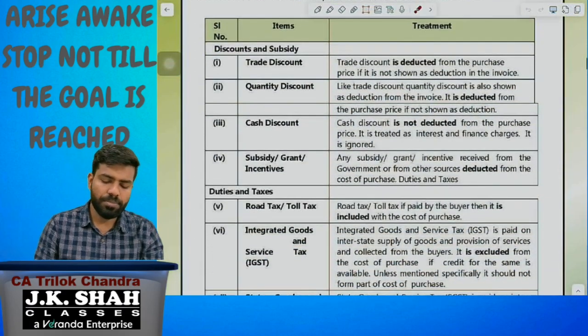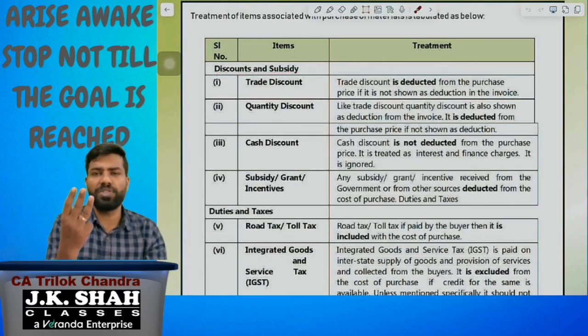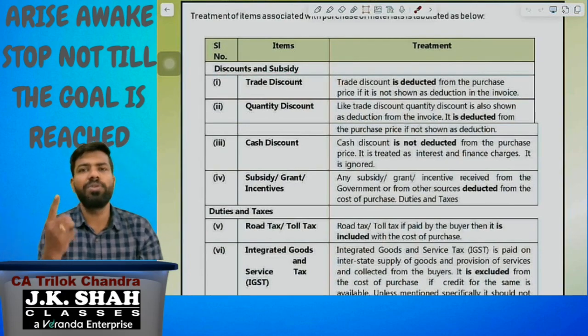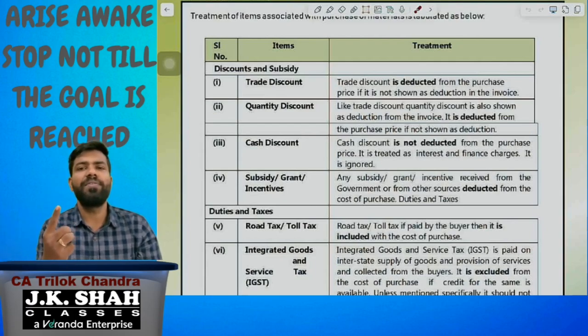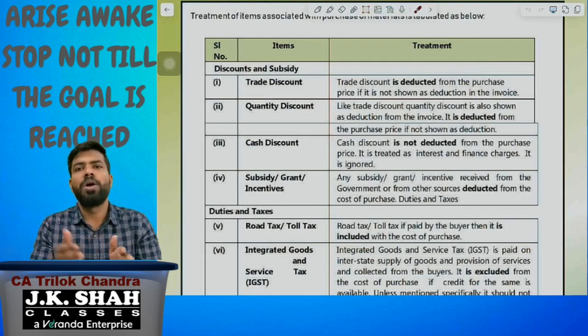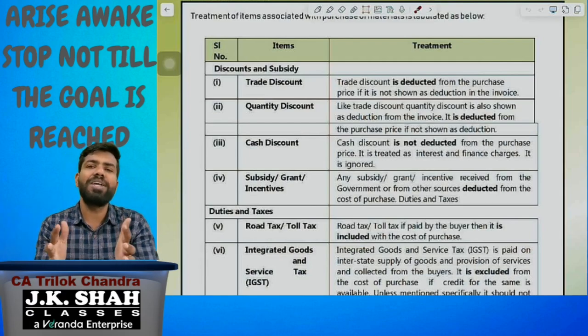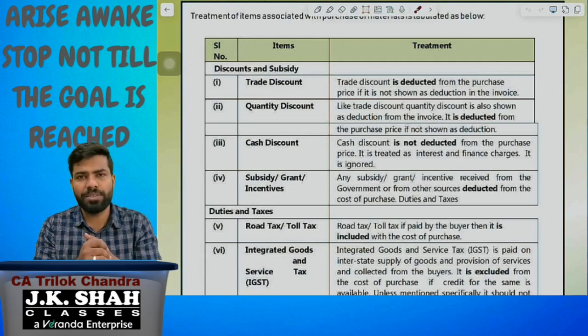When it comes to discounts and subsidies, there are three types of discounts: trade discount, quantity discount, and cash discount. Trade discount is given at the time of making sales to promote the sales. Quantity discount is given based on the high quantity purchased by the customers.